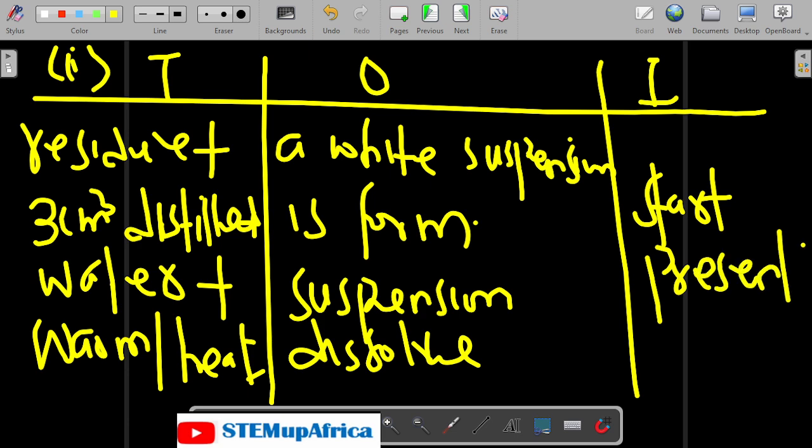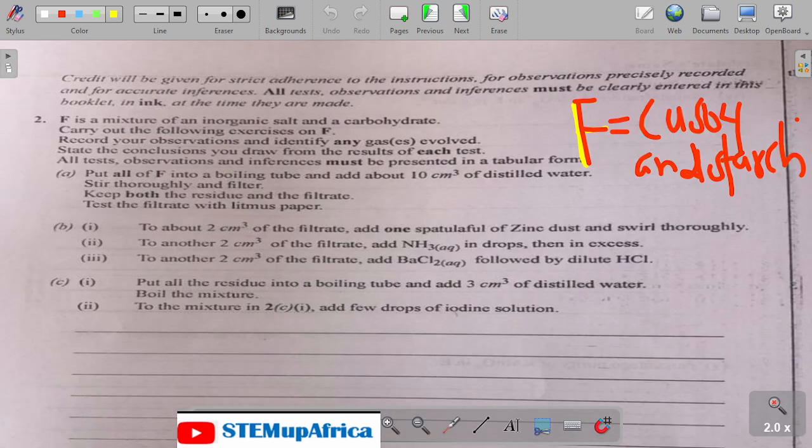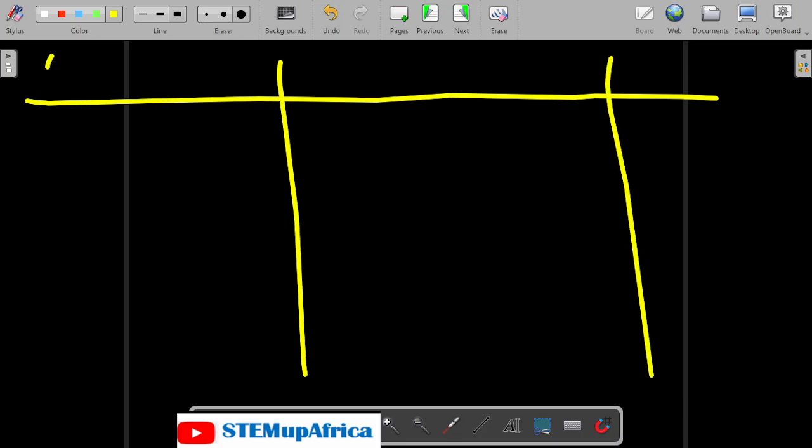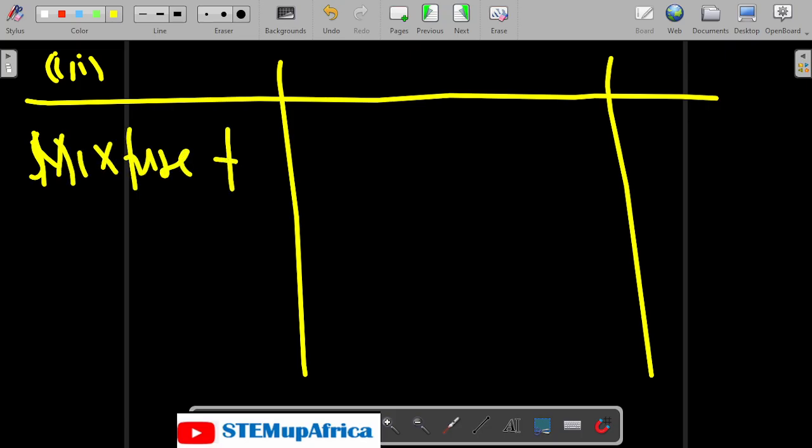Okay? And lastly, it says to the mixture, add few drops of iodine solution. So C Roman figure 2, C2. So the mixture plus iodine solution.